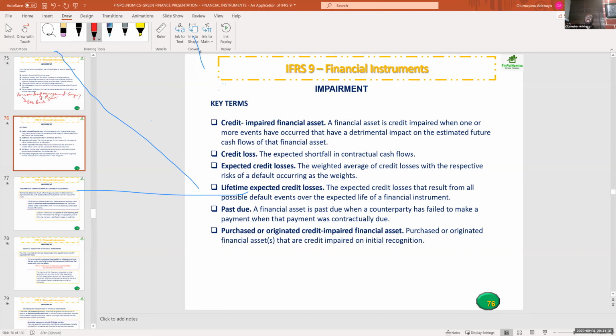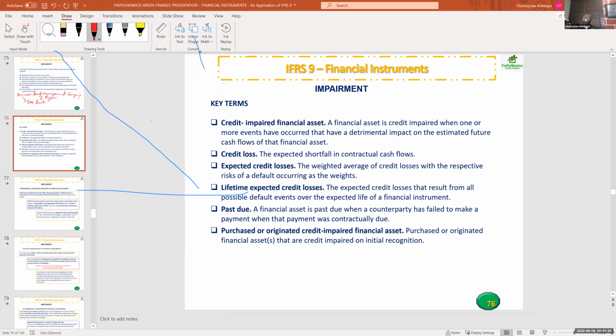If you remember when you were doing statistics or management accounts, expected value is the sum of the weight or probability times the factor. And that's what we are talking about here as expected credit loss.